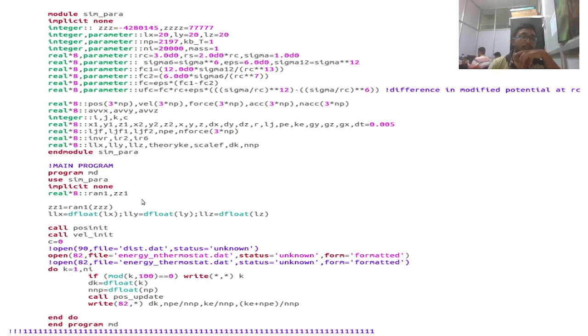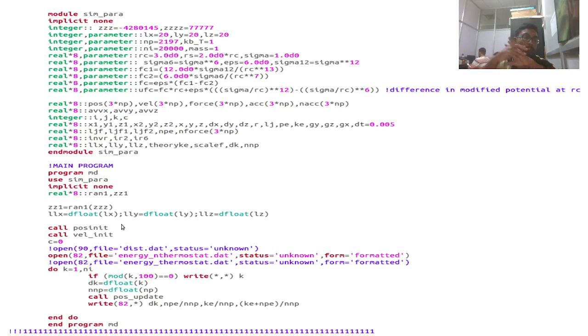So after that we have to run a random number initialization module, which is ran1. We are going to look at this ran1 at a later time, to see how it calculates the random numbers. You see that Lx, Ly, Lz have been given the values of 20, and then we have just converted them to floats, that means 20.0, and then see we have called two subroutines.